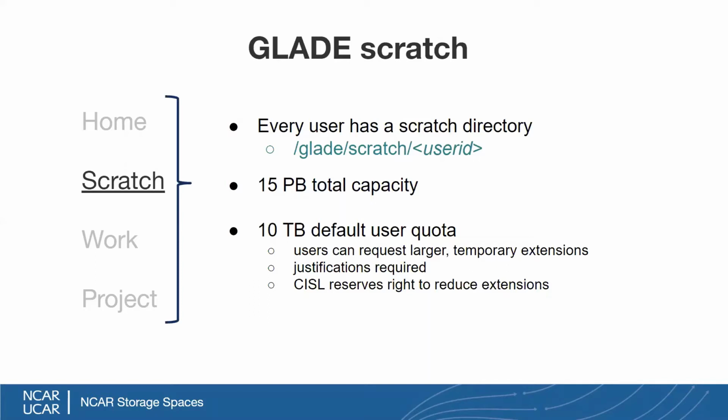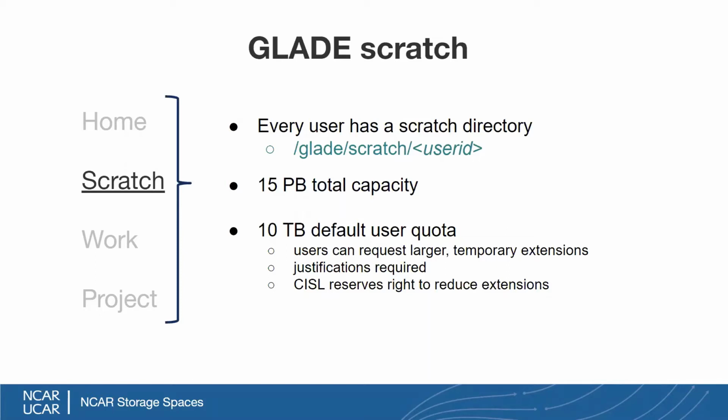Every user by default is allocated a 10 terabyte quota. Users can request a larger temporary extension. I want to emphasize temporary there. We will ask for some justification as to why you're asking for as much as you do.